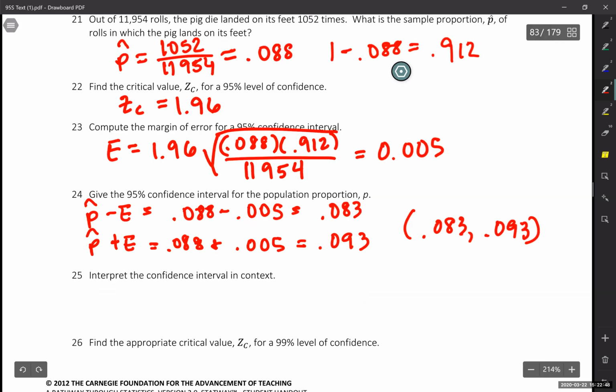Interpret the confidence interval in the context. And so what we want to do is write out our sentence.